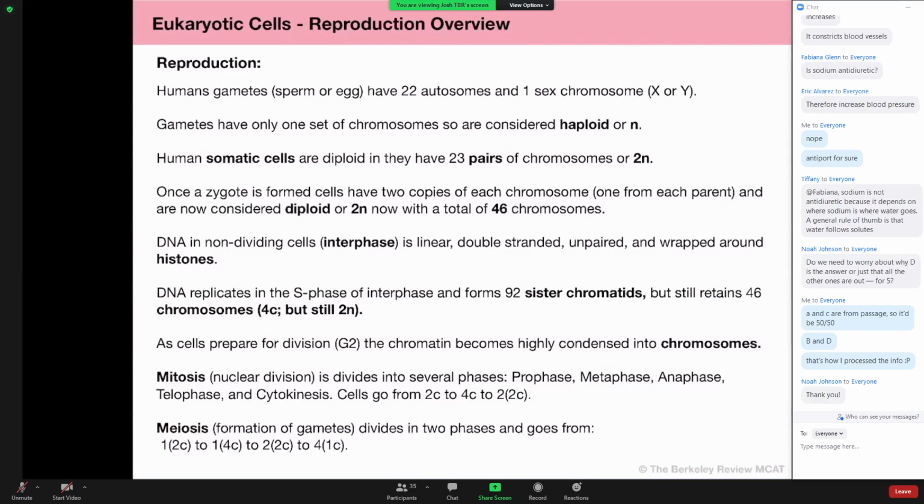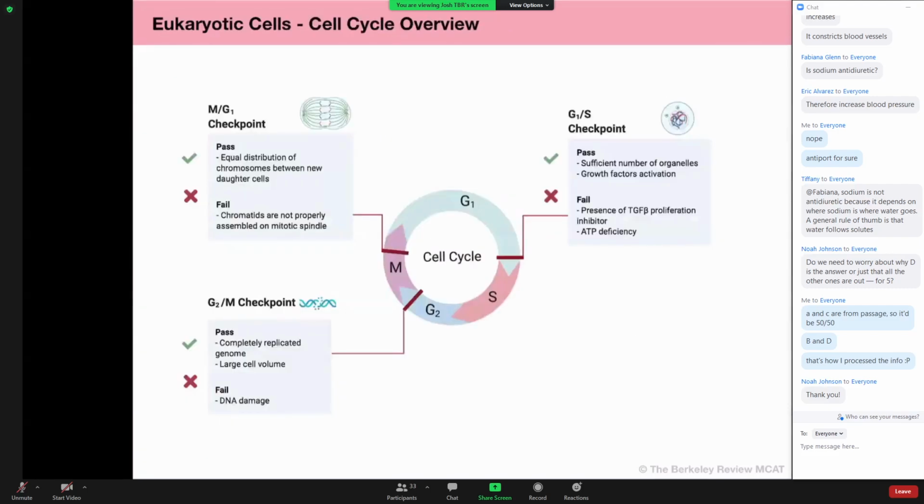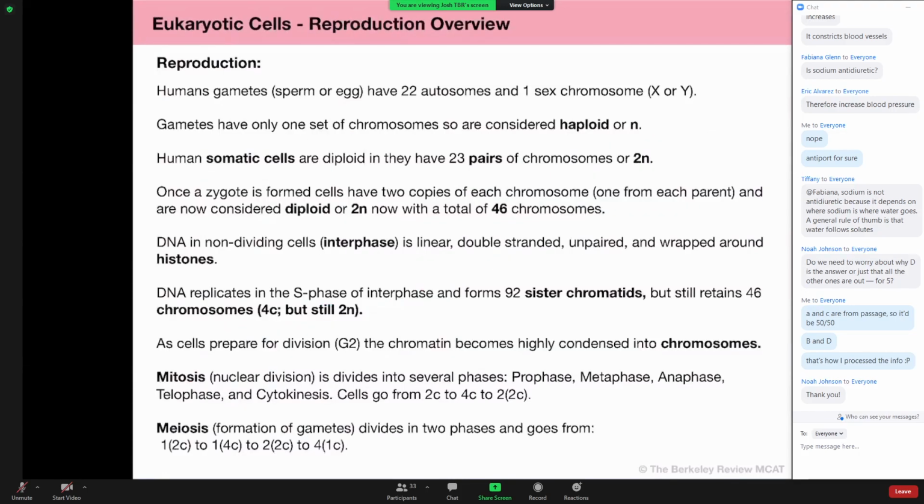And then meiosis, this is how you form your eggs and your sperm, right? And there's 2 phases, and you go from 1 2-copy to 1 4-copy to 2 2-copies to 4 1-copies. Okay. And this is all just the super high level overview.